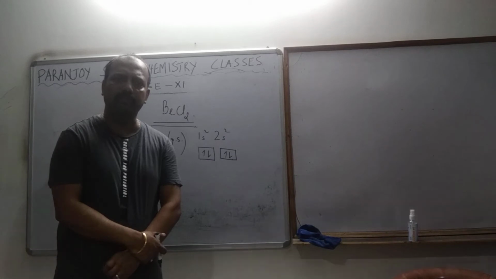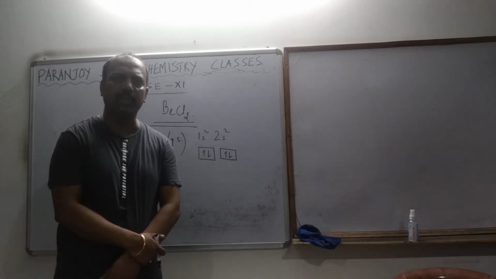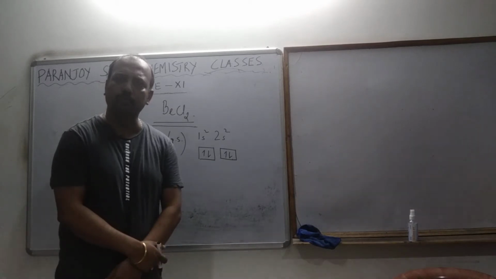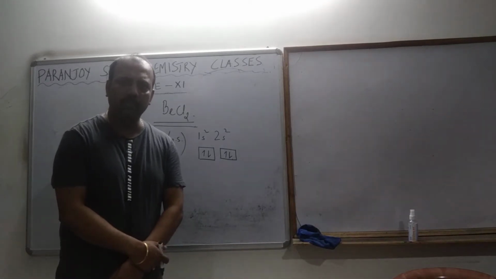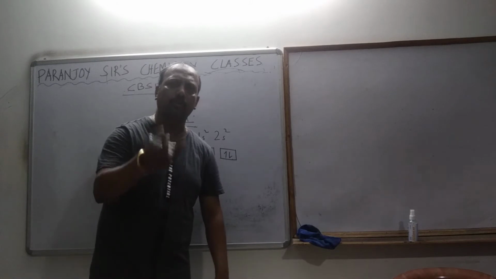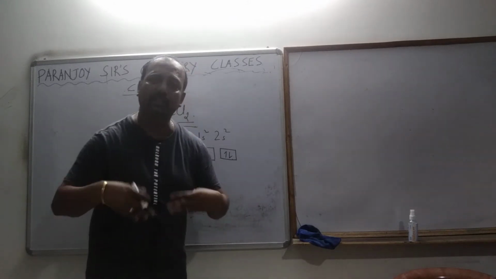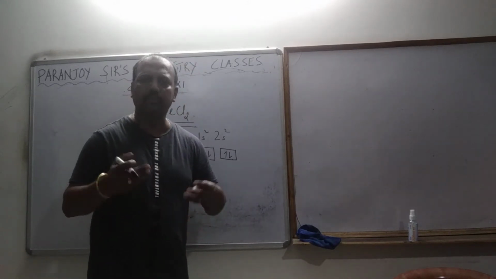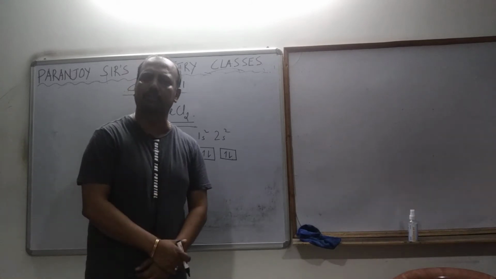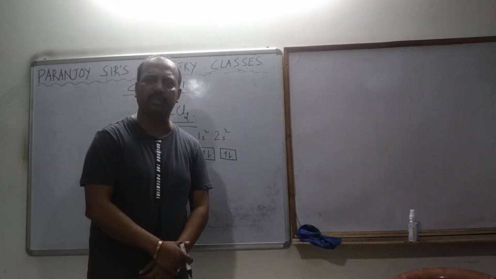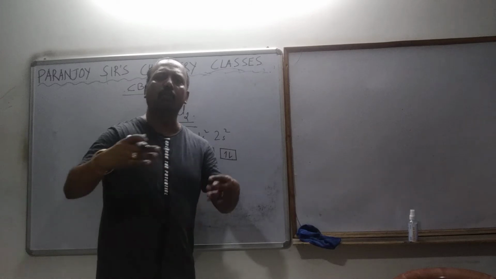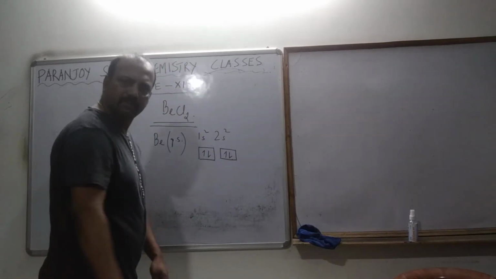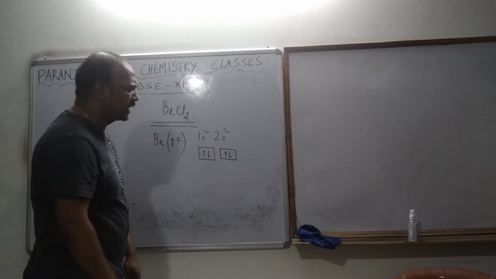We need how many unpaired electrons? 2 unpaired electrons, because Be is forming 2 bonds. This is just a theory we are saying, trying to explain the structure of BeCl2. So it goes to the excited state.